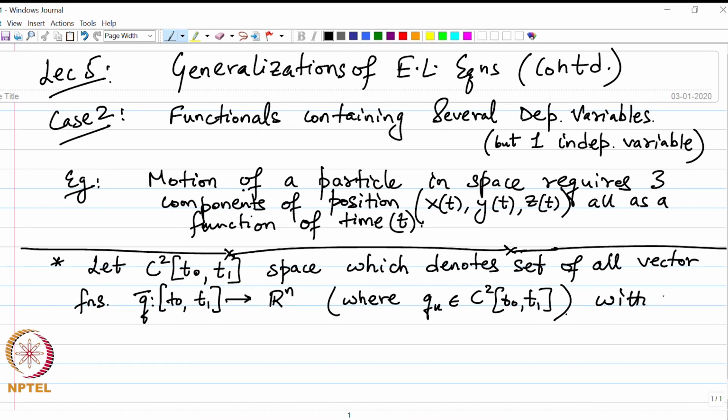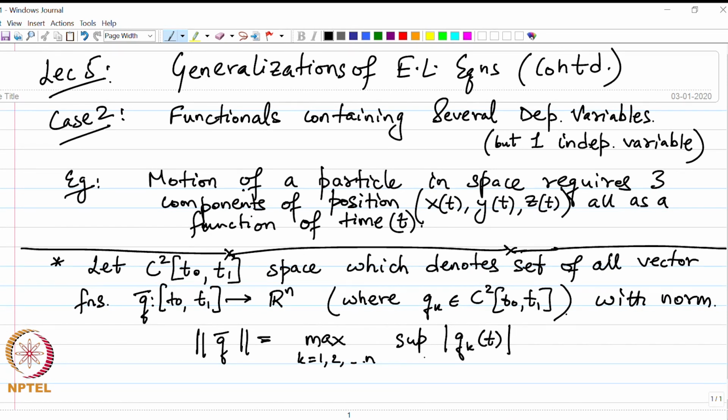So, we describe the following norm as the norm of Q. The norm of Q is described to be the maximum among all the components k from 1 to n, the maximum among all the components of the supremum of the absolute value of Qk, where the supremum is taken over all t from T0 to T1, right. So, the norm is the maximum of the supremum of Qk, right.